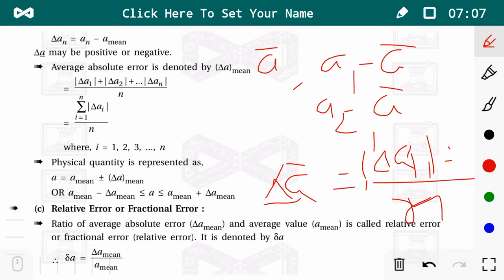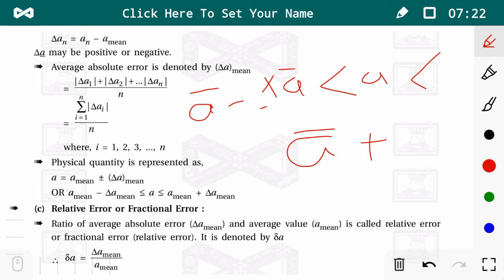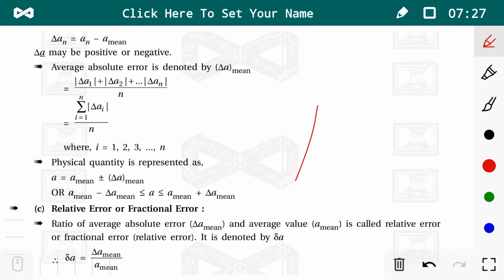Your value A must be greater than A bar minus delta A bar and less than A bar plus delta A bar.